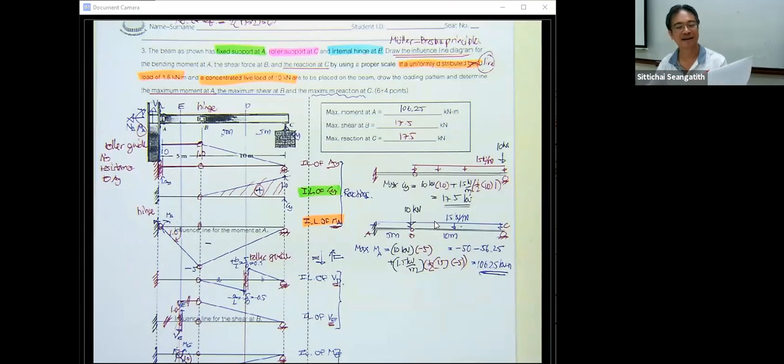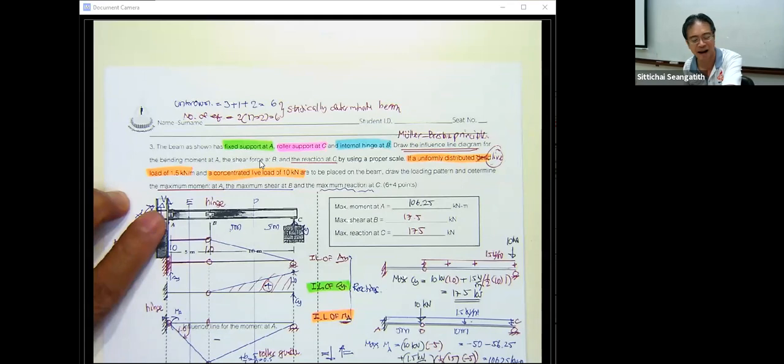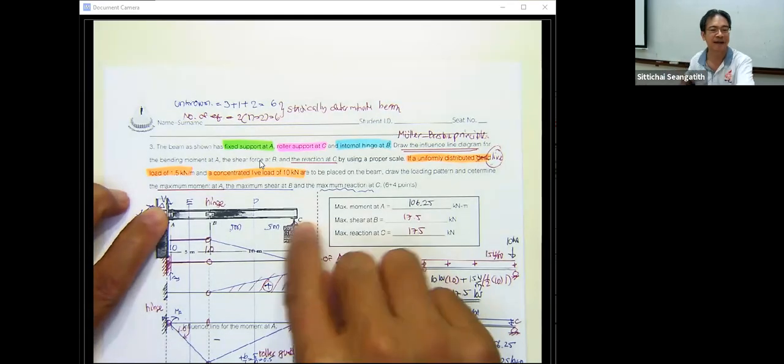Okay, you can answer this easily. That's not hard. Just change what we have here a little bit to make things different, so you can see what happened. Okay, let me show you something in the PowerPoint. You just remember this one, this beam fixed on the left, roller on the right, middle is hinge.